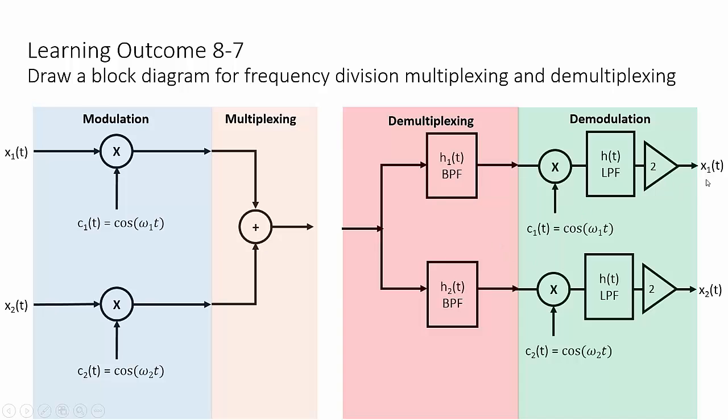Then we demodulate to get our original signal back. What type of demodulation is this? Notice we've got a cosine omega 1 t, cosine omega 1 t, the same frequency, same phase. This is synchronous demodulation. Because of that, we did not have to do any pre-treatments to our signal.